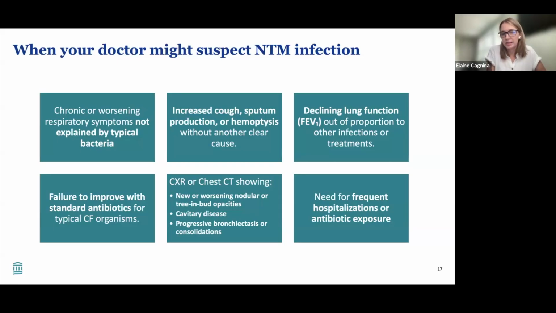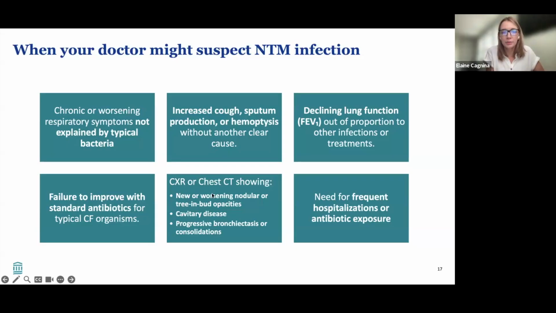Failure to improve with standard antibiotics for typical CF organisms is a big red flag. Is there something else going on? Is there another organism that we need to be worried about? Also, increased cough, sputum production, or hemoptysis without another clear cause. So it doesn't look like your pathogens have changed, and it doesn't look like much else has changed in your CF care, but you're having more symptoms.